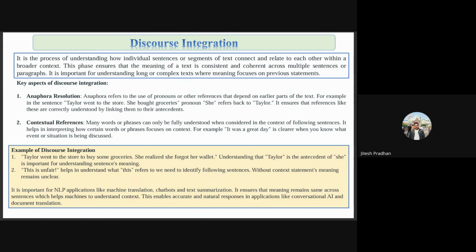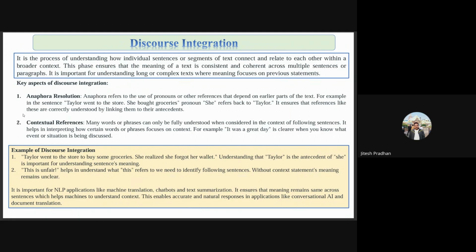Discourse integration is basically the process of understanding the meaning of a sentence by considering the sentences that come before it and after it, so that it can generate the context of the sentence. In simple terms, it connects the sentences together so that there will be a longer meaning, or more generalized information that we can predict.